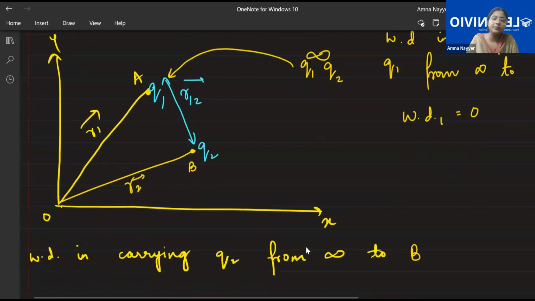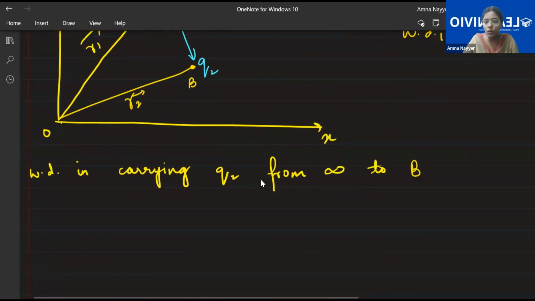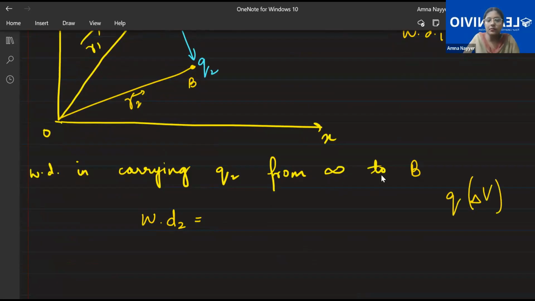So see, when I am bringing Q2 from infinity to this point, which is B, pay attention to this line, work done W2 will be, what will be the work done? Formula of work done is charge into change in potential. Charge is Q2.